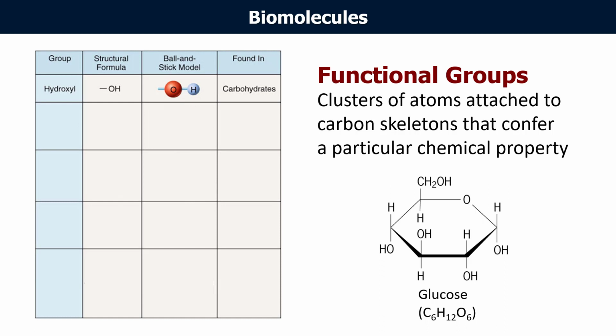In fact, here is a carbohydrate molecule. It's called glucose. Molecular formula is C6H12O6. And we're going to learn a lot about glucose later. You'll know this structure pretty well. But what I want you to notice at the moment is that it's sort of a ring of carbons, and we've put hydrogens in many locations, but notice how many places where we've put the OH group, the hydroxyl group.